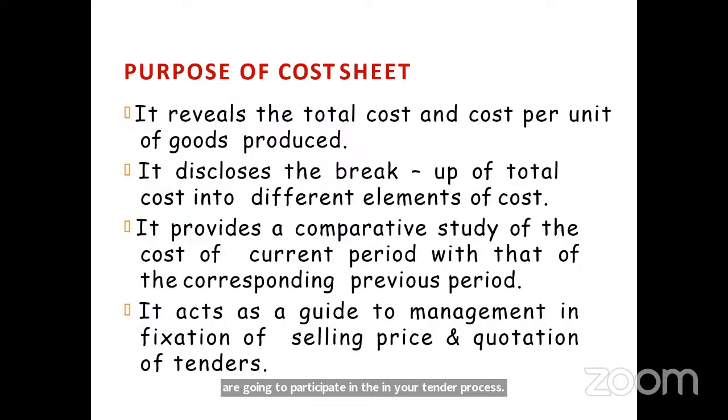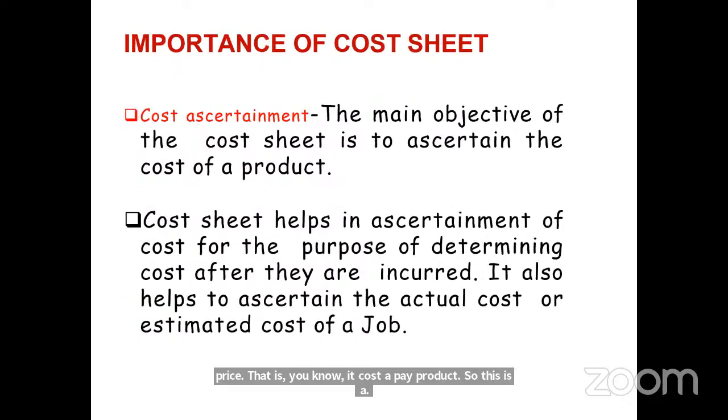First, you need to prepare the cost sheet. On the basis of the cost sheet, the management can fix the selling price of the product, and they can also quote on the tender. When participating in the tender, they can quote their product price, that means the unit cost of the product. So this is another objective of the cost sheet.